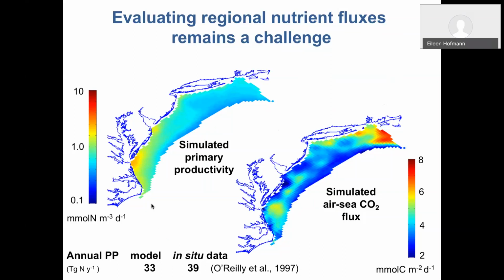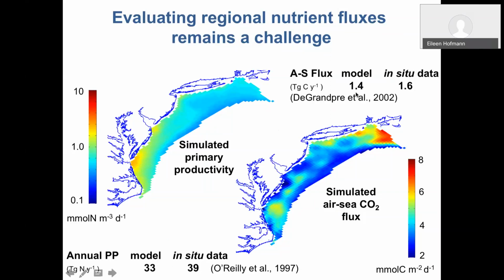The other thing is similar if we look at the simulated air-sea CO2 flux. Again, we're using an aggregate in situ value to compare to an aggregate value from the model. And in this case, the simulated air-sea CO2 flux shows a lot of spatial structure along the shelf, which is not picked up in these aggregate types of metrics that we usually have to evaluate these models.